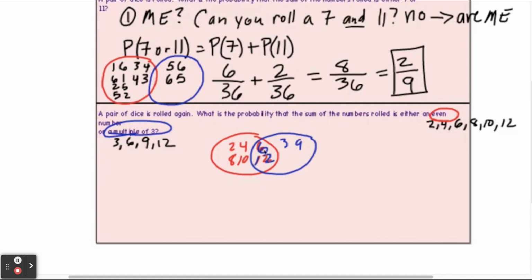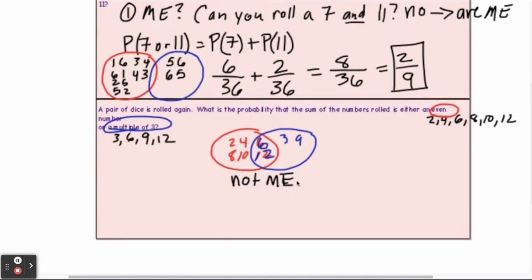So in this case, if I'm looking at that middle part, there's an overlap. And what that means is that because they can happen at the same time, these events are not mutually exclusive.